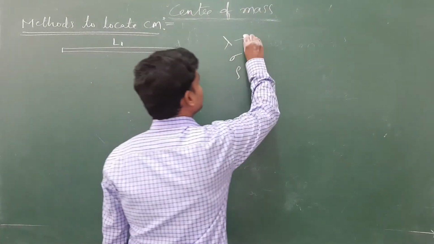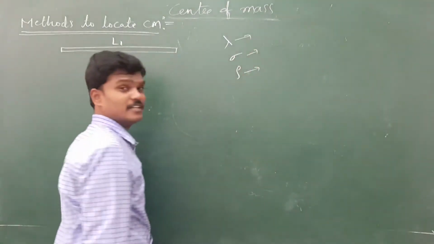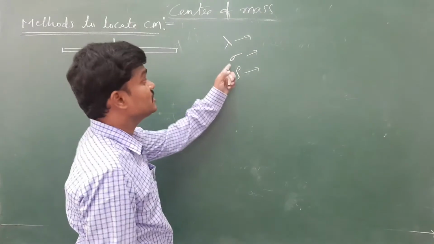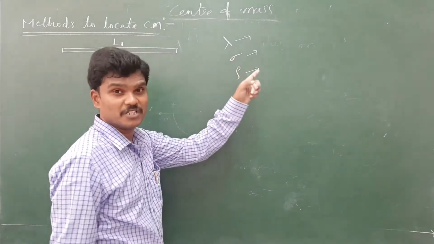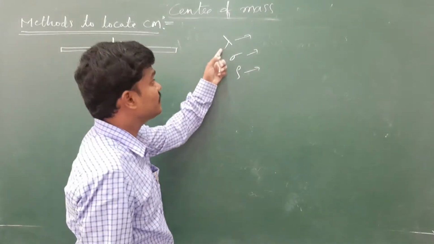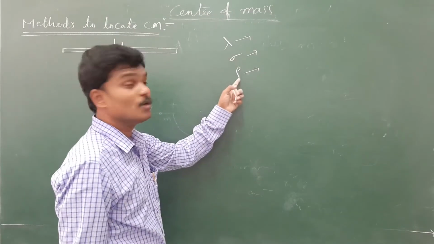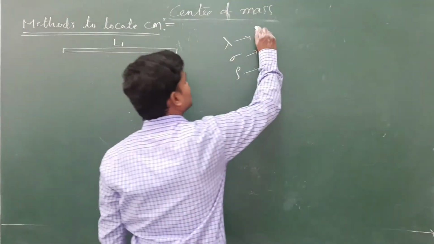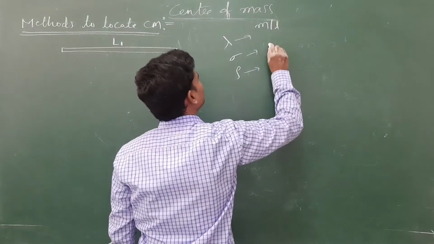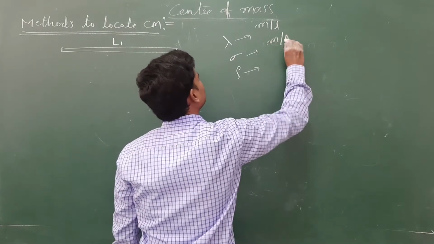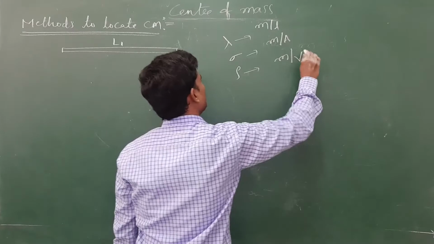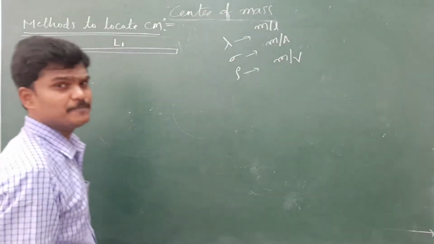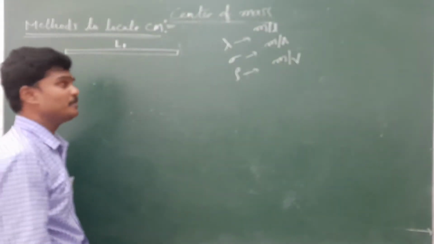The same thing will come in second year in Gauss law: linear charge density, surface charge density, volume charge density. Here it is linear mass density, surface mass density, and volumetric mass density, that is mass per length, mass per area, mass per volume. There are three different types of objects: linear, areal, volumetric.